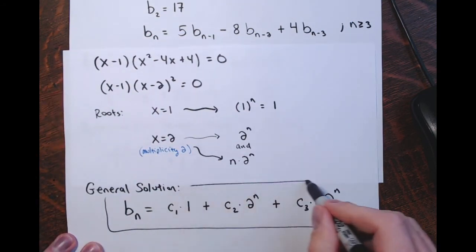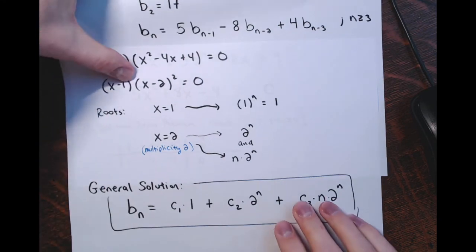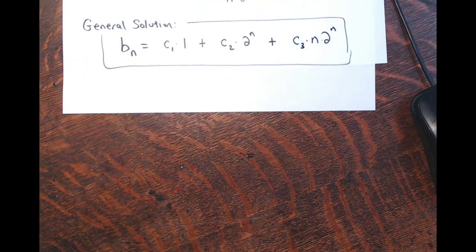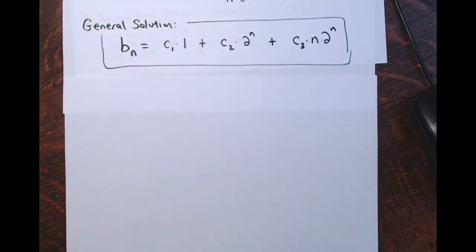Now I'm not done. I'm just boxing it in because this is what we're going to plug our initial values into, because I want to find C1, C2, and C3 so that those initial values are satisfied. So I'll write up what the initial values were, and we'll make a system of equations involving C1, C2, and C3.